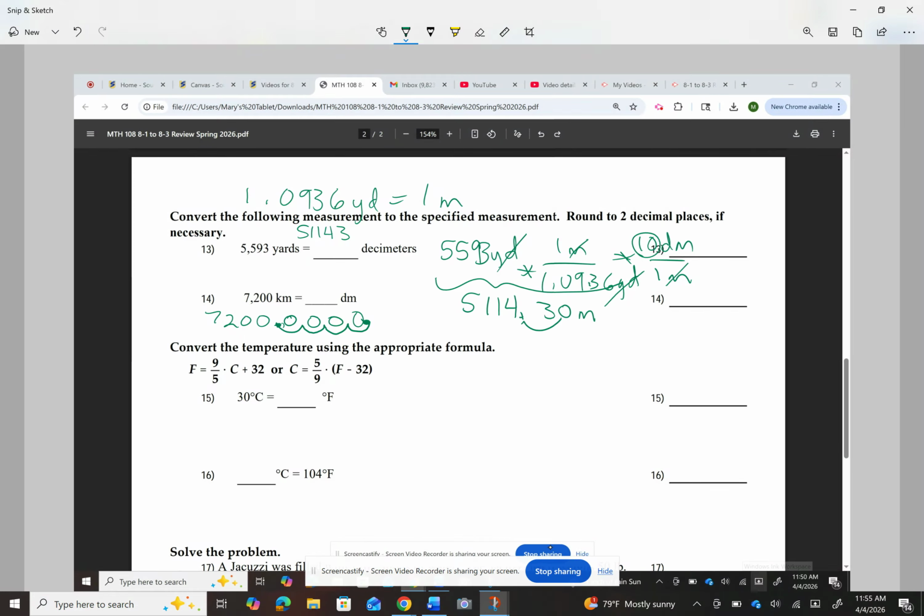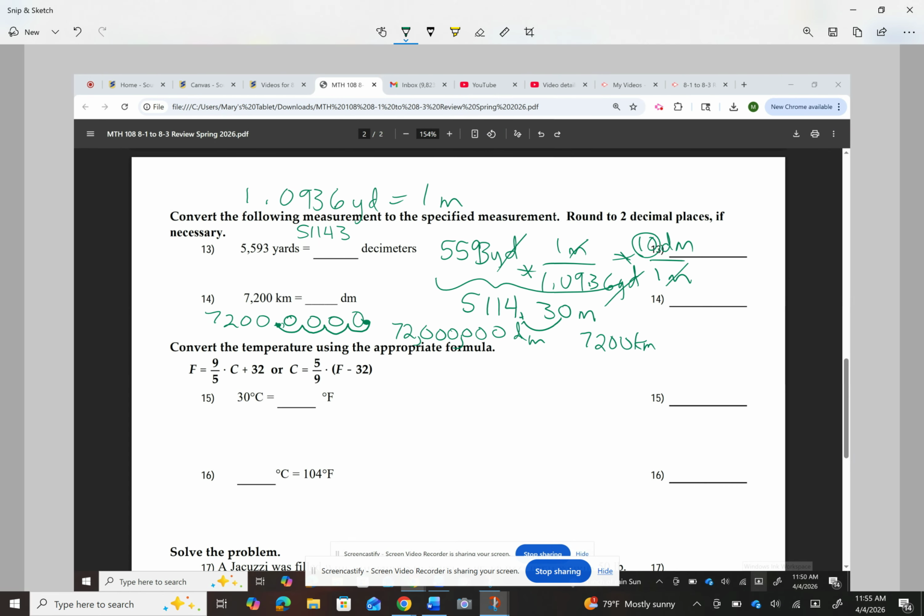Okay, so that would be 72 with 1, 2, 3, 4, 5, 6 zeros. So that'd be 72 million decimeters.